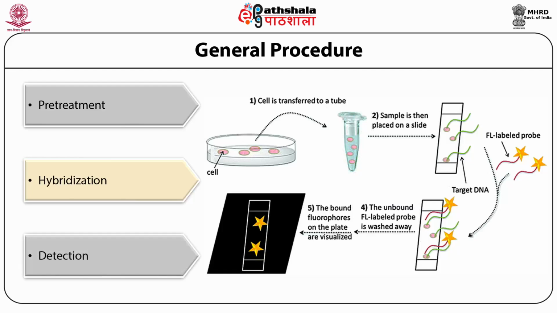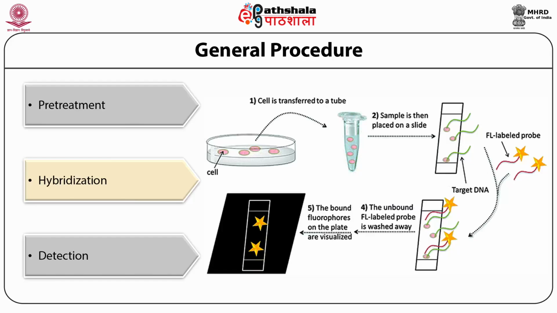Third, detection. The labeled probe, whether fluorescent, radio-labeled, or antigen-labeled, can then be localized and quantified using fluorescence microscopy or immunohistochemistry techniques. The detection method depends upon the type of probe and label used. Specific probes can also be synthesized by cloning or by oligonucleotide synthesis.